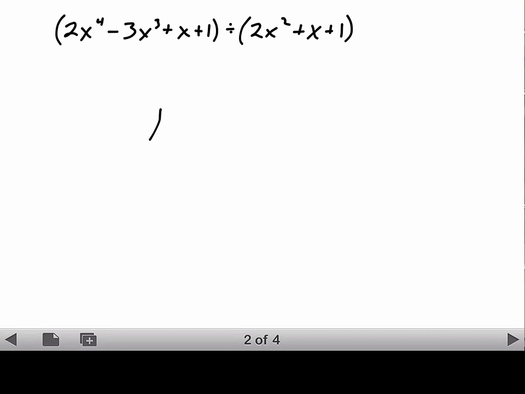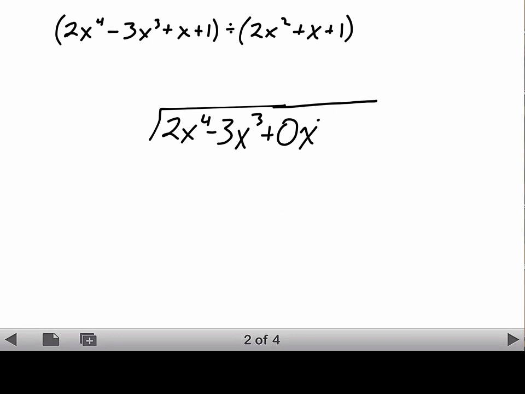So we're going to do this division using the 3-step process that we would for numbers, but there are some other things to consider since these are polynomials that we're dividing. And the first thing is, I need to make sure that all the terms are present in the dividend, the original polynomial. So 2x to the 4th minus 3x cubed, and I'm going to throw in a 0x squared.